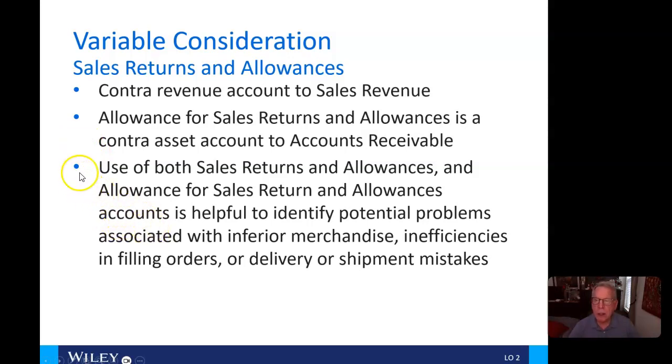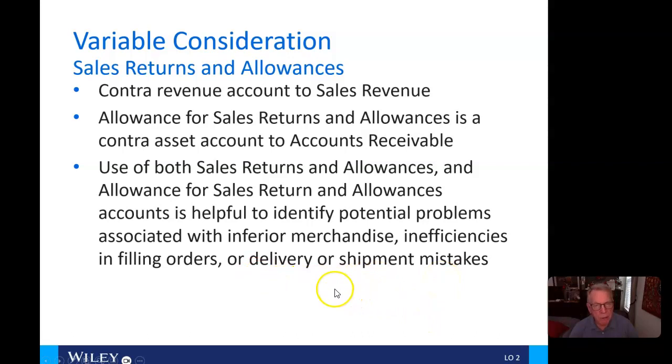And then we're going to use both the sales returns and allowances and the allowance for sales returns accounts. That's helpful in identifying potential problems associated with inferior merchandise, inefficiencies in filling orders, or delivery or shipment mistakes.